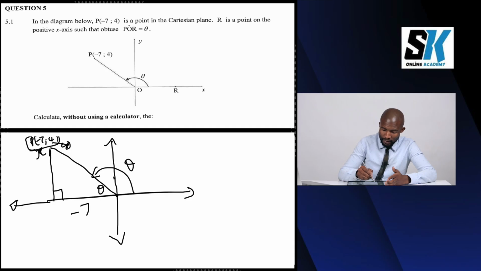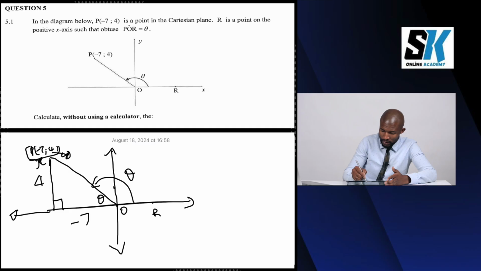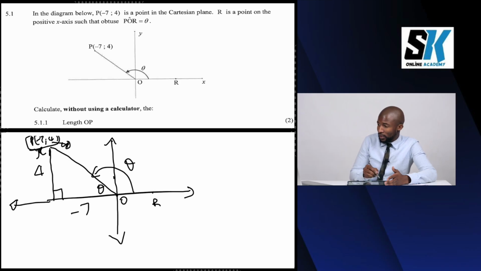So that means -7 gets to be on the negative x-axis, and then 4 gets to be on that side. And now we need OP, which is our first question, 5.1.1. It says determine the length of OP.